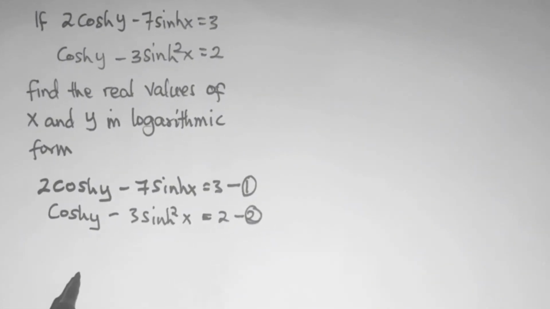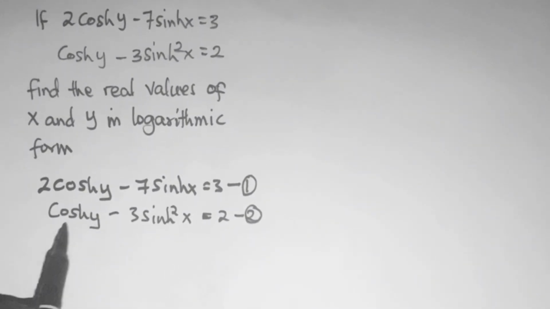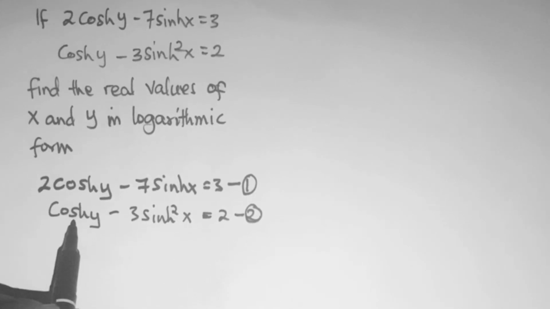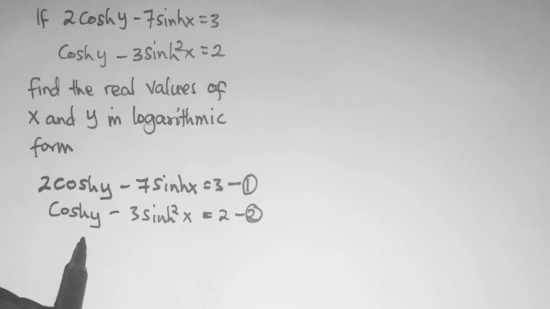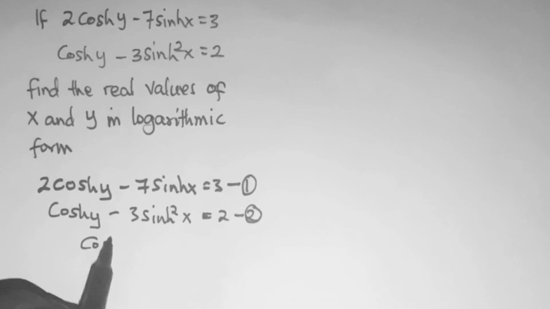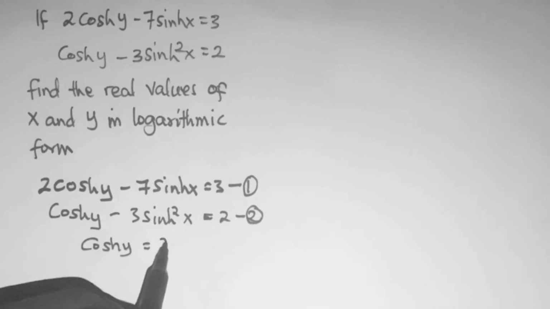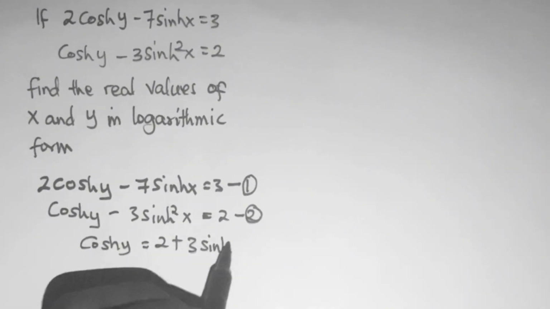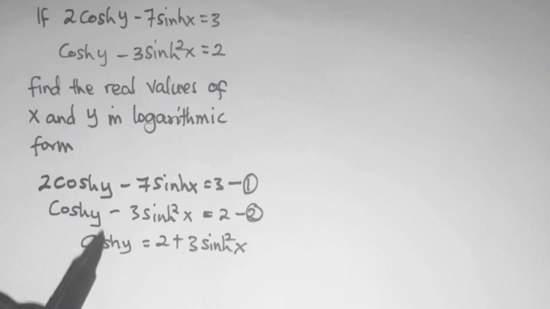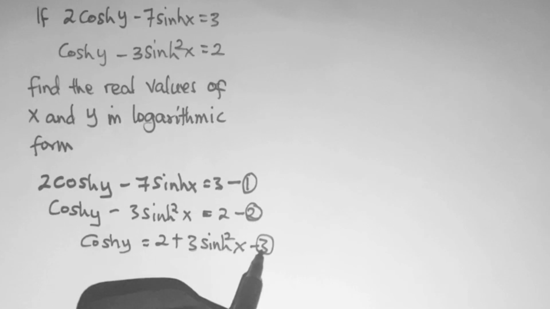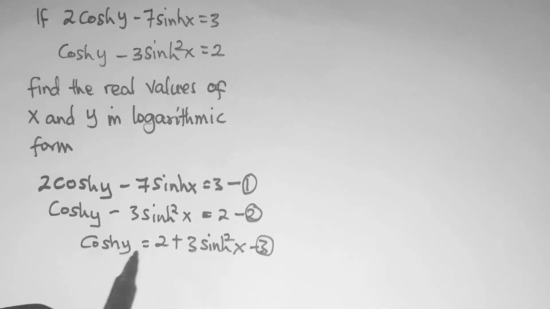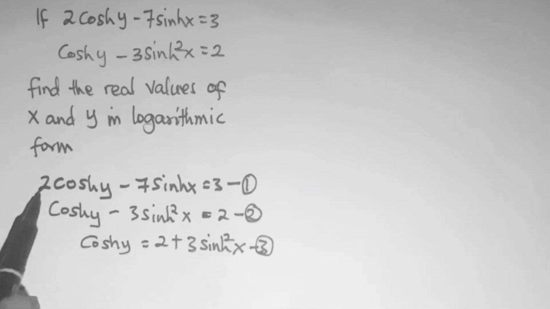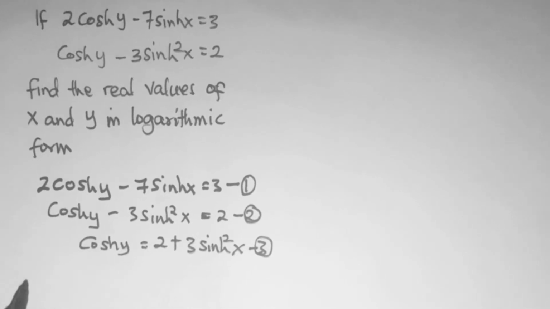So what we can do is that from equation 2, we can make cos y the subject, and then we'll get equation 3. So cos y is equal to 2 plus 3 sinh squared x. This is our equation 3. Then we take equation 3 and insert it into equation 1.